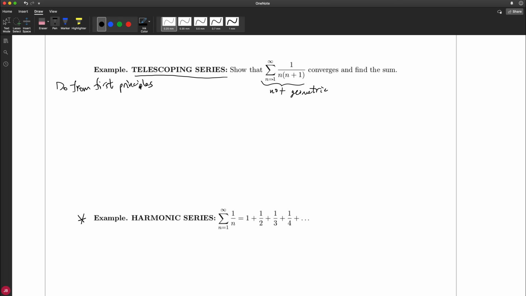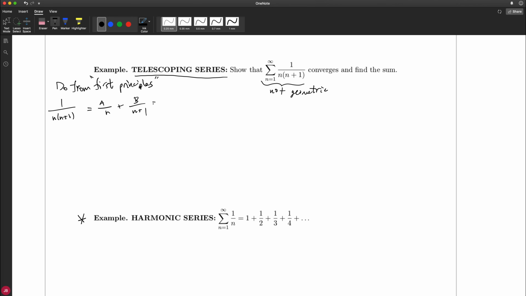Notice the denominator is n times quantity n plus 1. And so what we're going to do is first find the partial fraction decomposition of 1 over n times n plus 1. Well, these are both linear factors, and so we need to write this as A over n plus B over n plus 1.